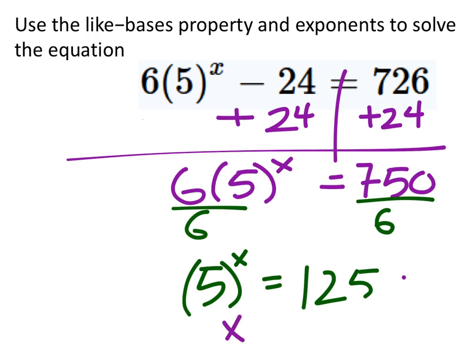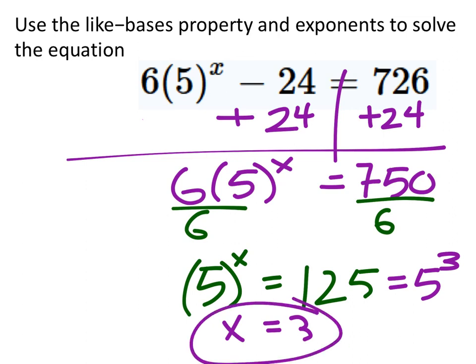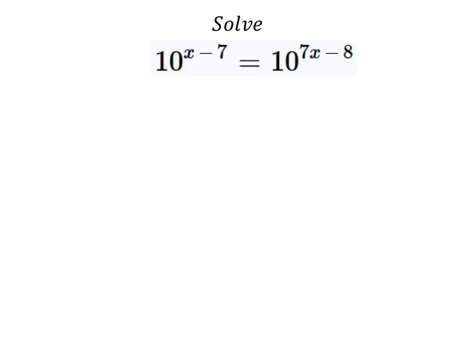We know 125 is 5 to the power of 3, so x is 3. And again, you could go back and check that. 5 to the power of 3 is 125, times 6 is 750, minus 24 is 726. Bam, done. Solving this is not too bad because the bases are already the same right there. Even in a problem like this one, right?